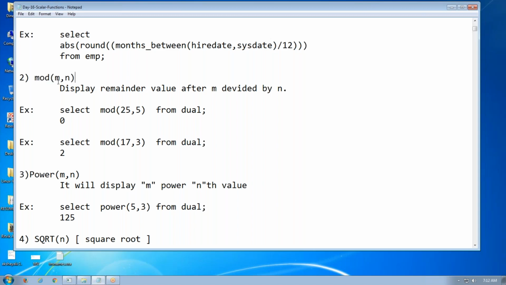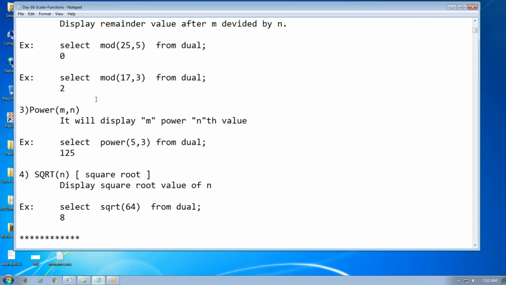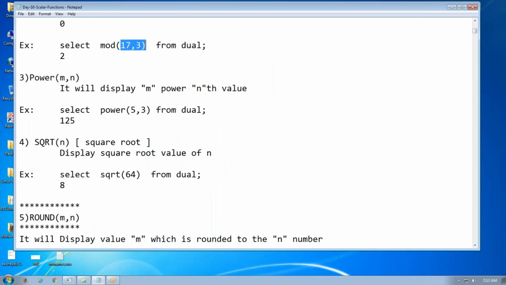M is divided by n, and whatever the remainder is, that remainder is printed by MOD. In Oracle, we don't have any operator to print the remainder. We should use only the MOD function. Here, MOD of 17 comma 3. What is the remainder? 2.